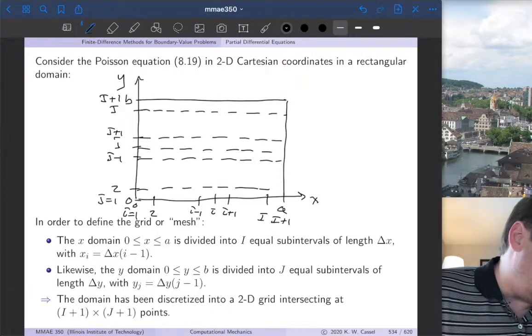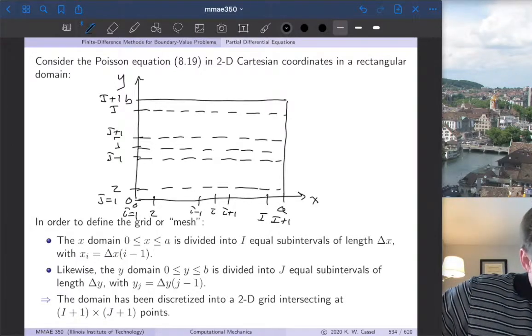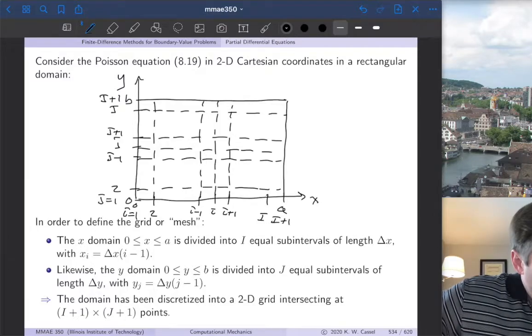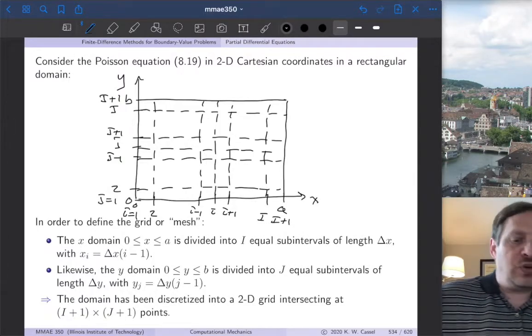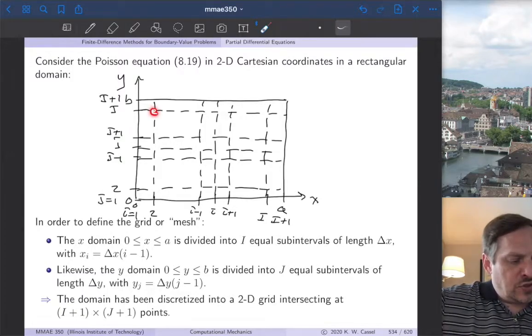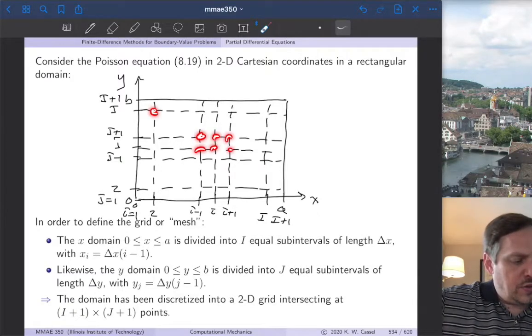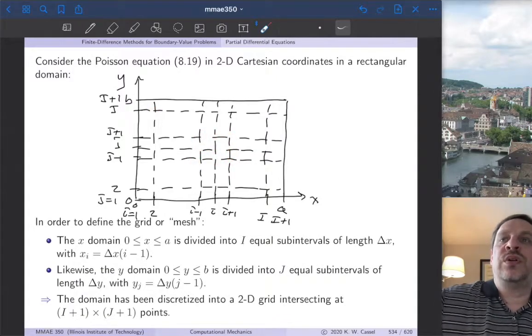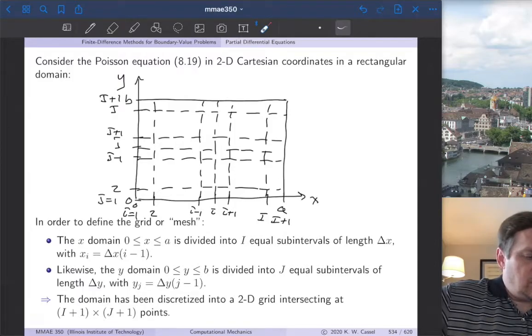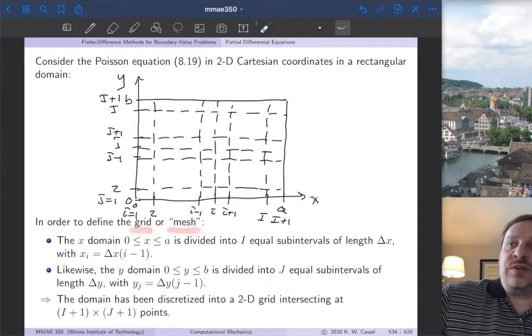And this is why we call it a grid or a mesh, because when we extend all of these, you can see how it forms a rectangular grid in Cartesian coordinates. So now each one of these points where we have an intersection, all the way through, those are the grid points, or the mesh points. We use those terms interchangeably, grid and mesh.